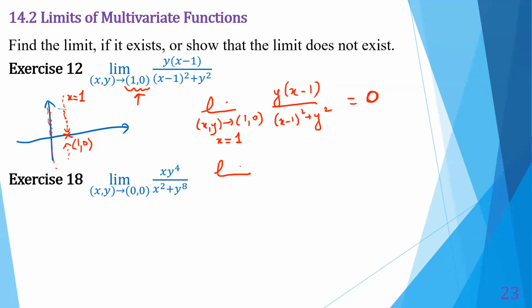You have to take two different paths. We can approach through this horizontal line. What is the equation of this path? It's y equals 0, yes.